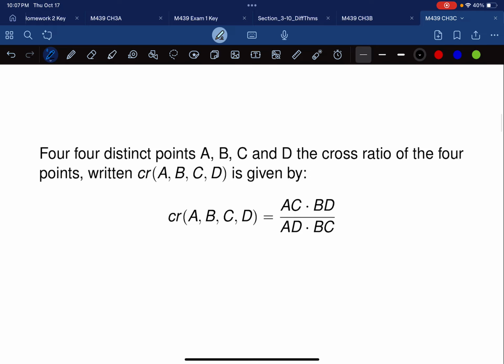So if we have 4 distinct points, A, B, C, and D, then the cross ratio of the 4 points, written CR(A, B, C, D), is given by this quantity.